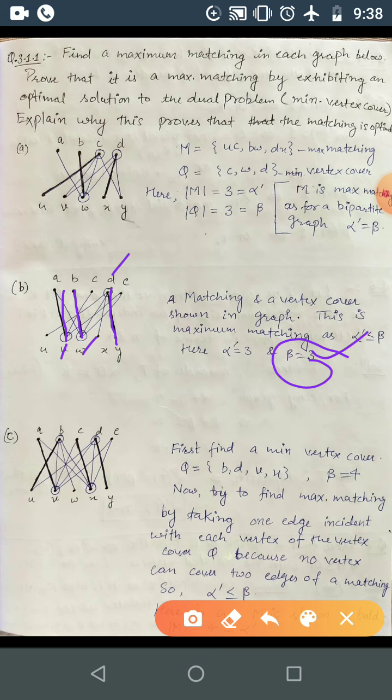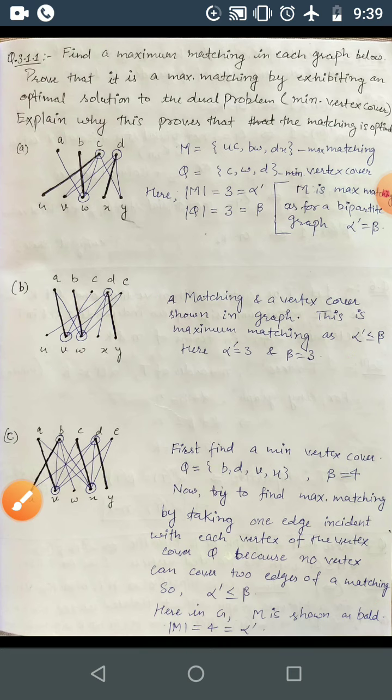So here we will be getting equal, and here is the maximum matching, we have colored it, correct? So that's it, 3 we are getting, 3 beta, 3 alpha dash. So that's why this is the maximum matching. Okay, because no matching cardinality can exceed beta.